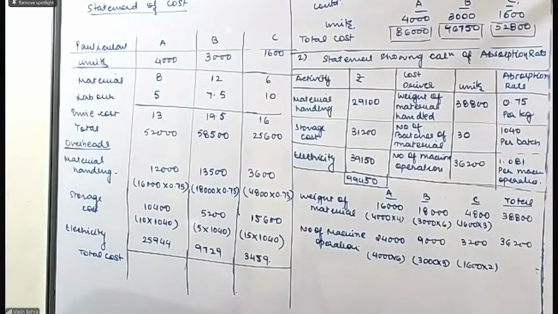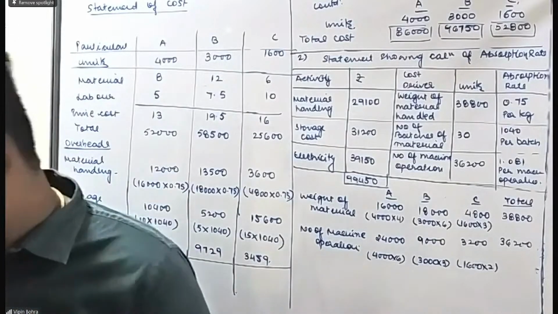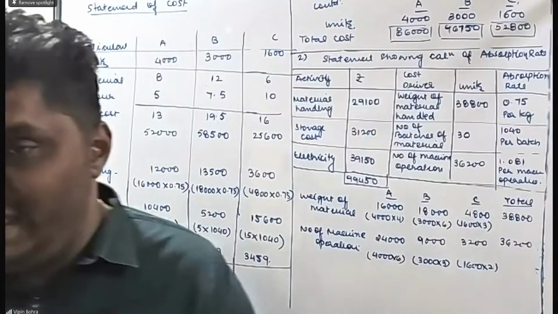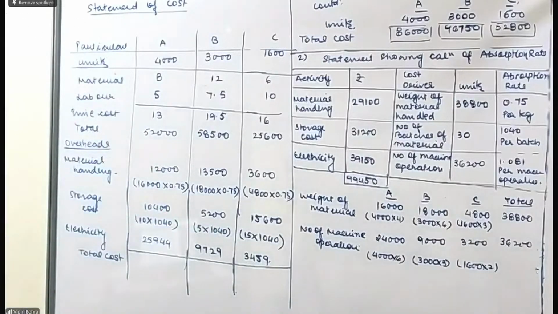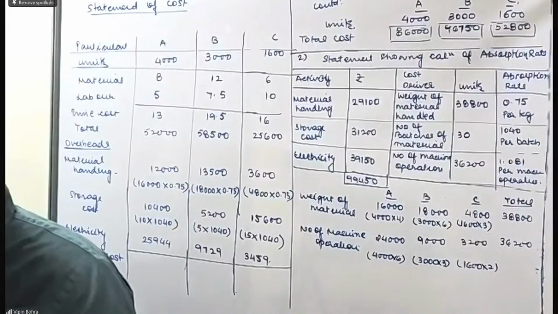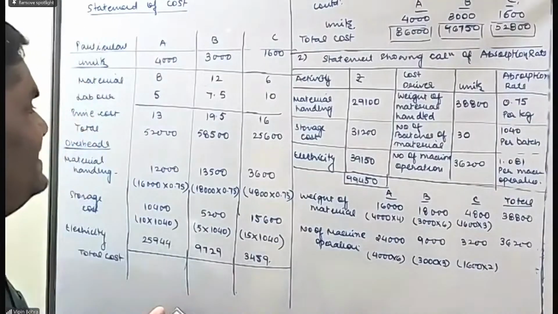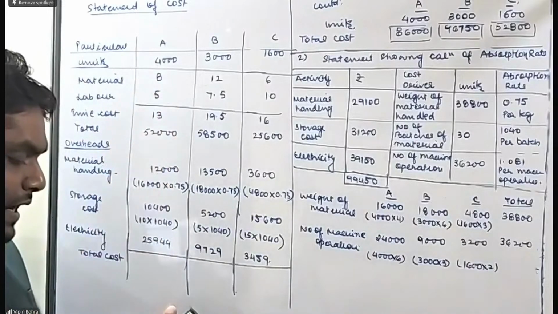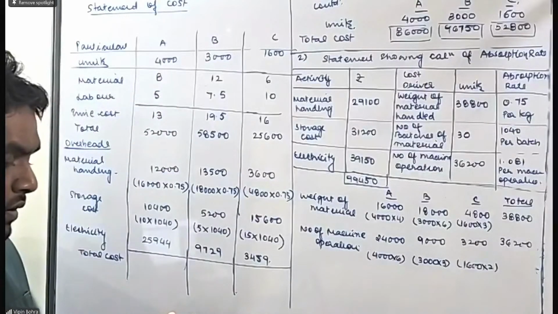So we can easily calculate the total cost now. The total of material and labor is 52,000.